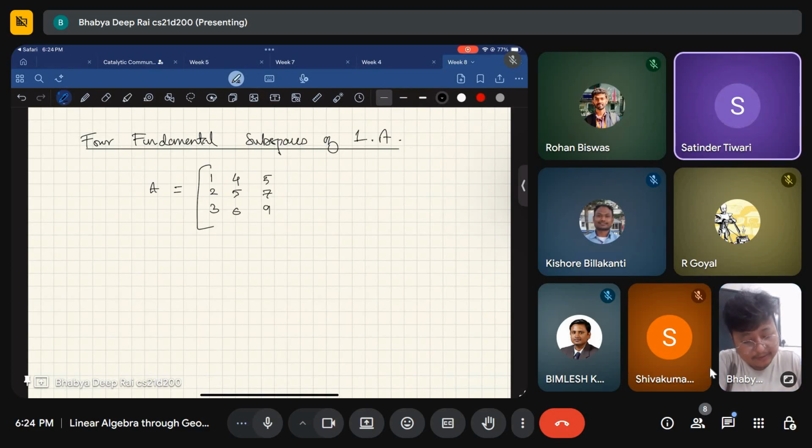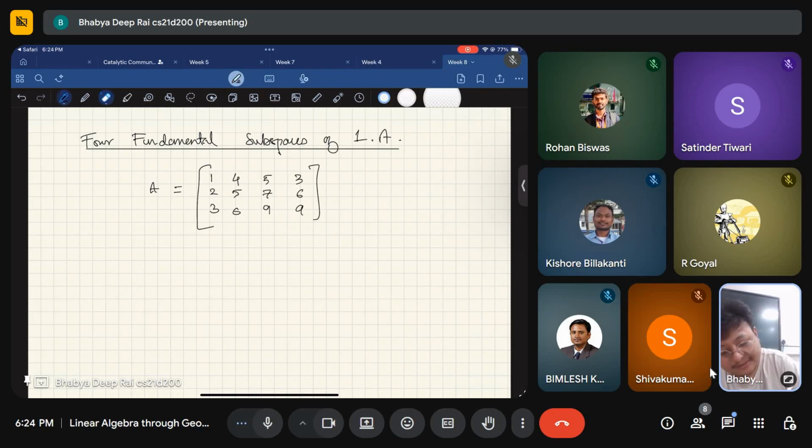Let's see, and let's add the column 3, 6, 9. So this is a 3 cross 4 matrix.